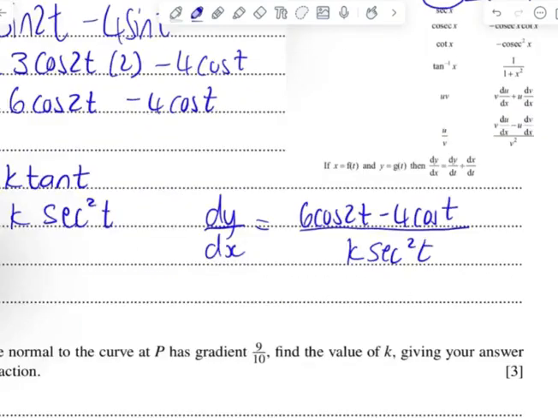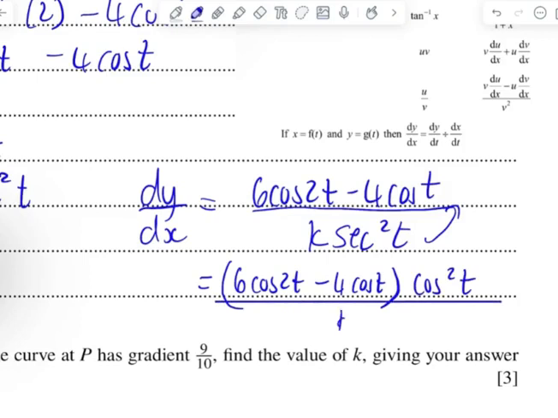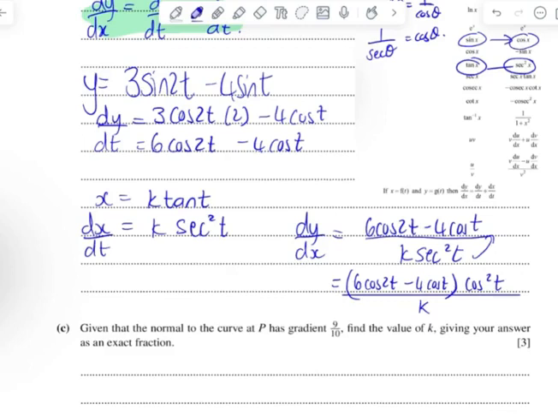Okay, so I'm going to just bring this up. It becomes a cos squared. So I've got 6 cos 2t minus 4 cos t. That whole thing is multiplied by cos squared t, and everything is divided by k. And that should be the correct final answer. It might look a little bit different. It depends if you multiply in the cos squared t or not. But the idea is that.